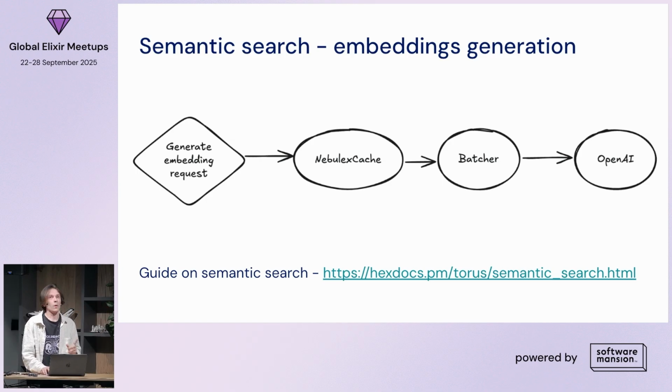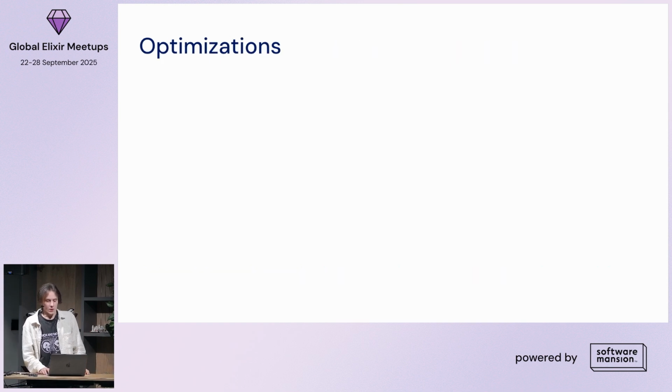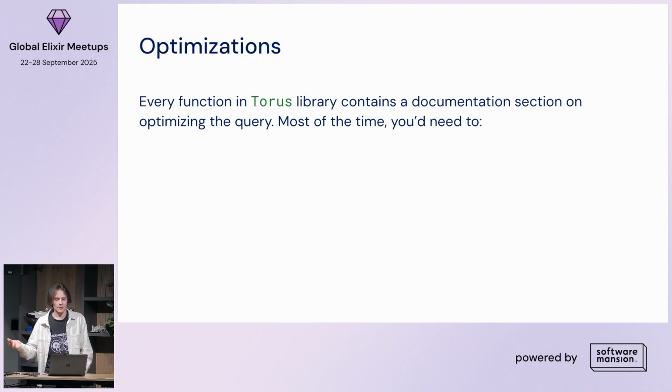One key point about actually having search in your app is for it to be fast, because we all love when search is fast and it feels really smooth, because it adds the cool touch to your app and your application just feels faster. So every function in Torus library contains a documentation section on how to optimize your search.